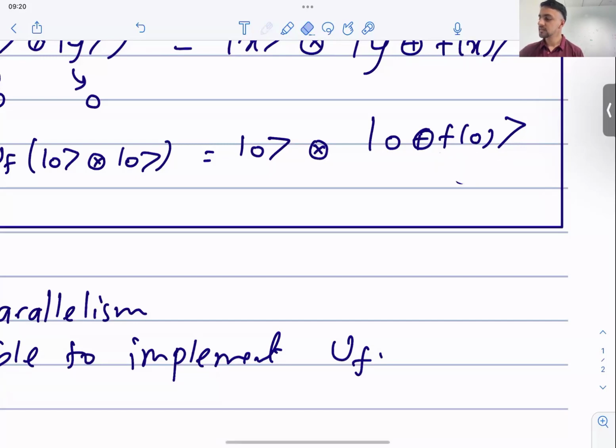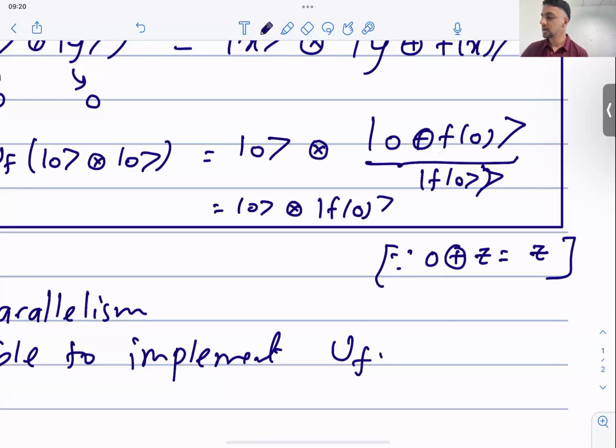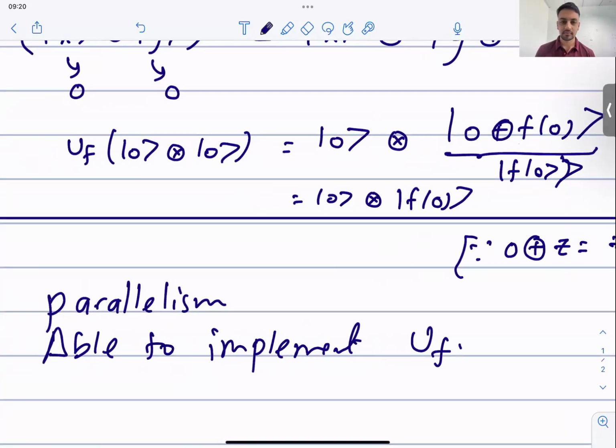Which means I can just simplify this as f of 0. The property that I use here is, as I said, 0 XORed with any bit string z is just z, okay? And so this is an example of how you would use this gate U_f. Does that answer your question?